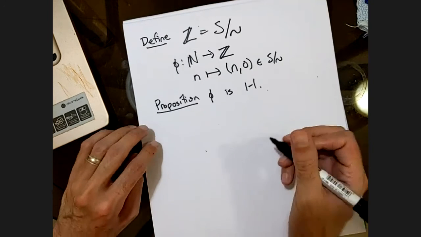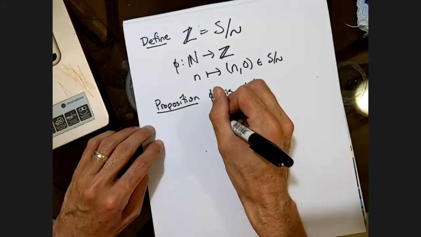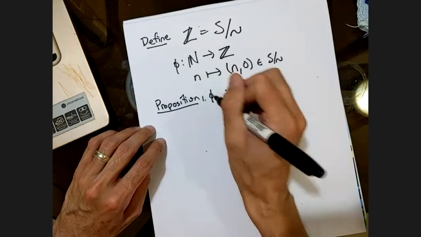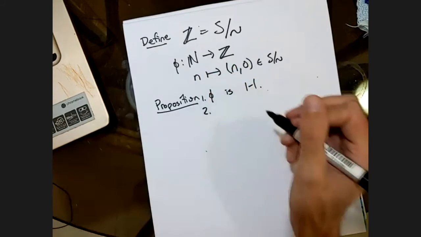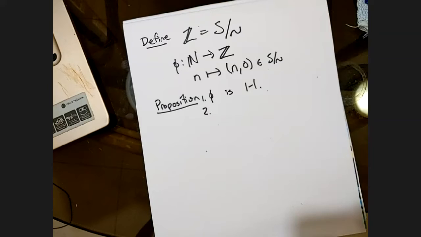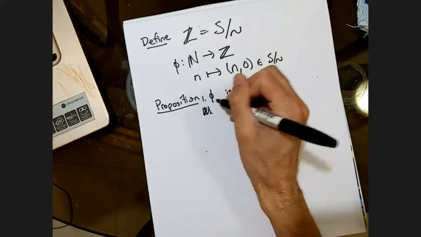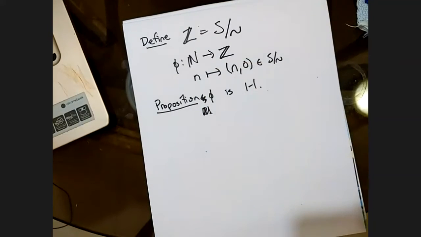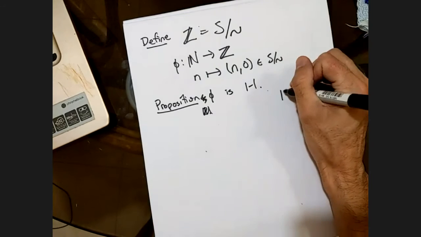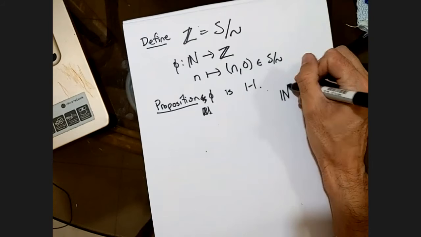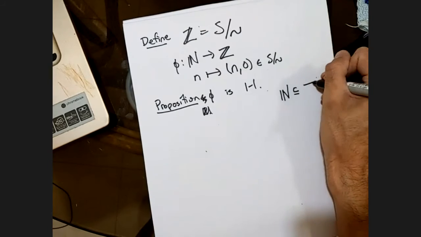And then you'd also show that, anyways, you'd start with that. Okay. And then what that tells you is that now you can really think of the natural numbers as being a subset of the integers.